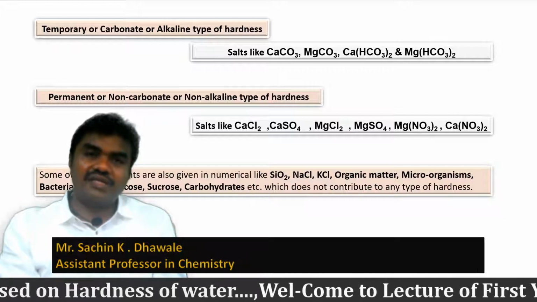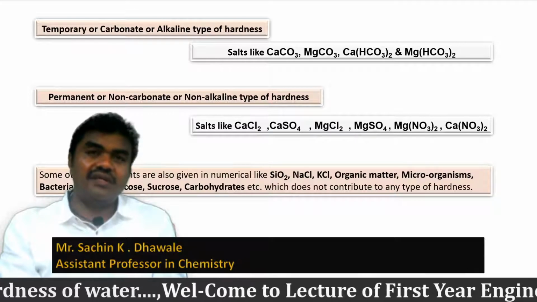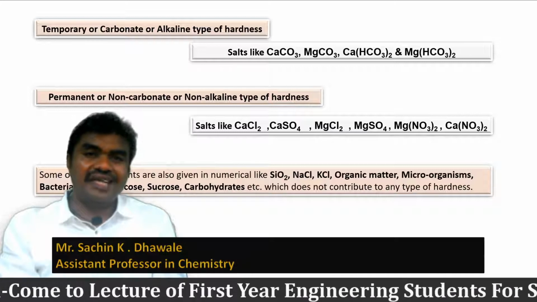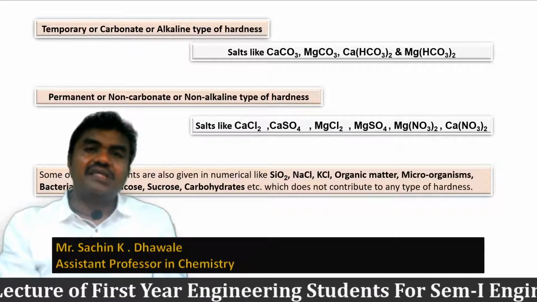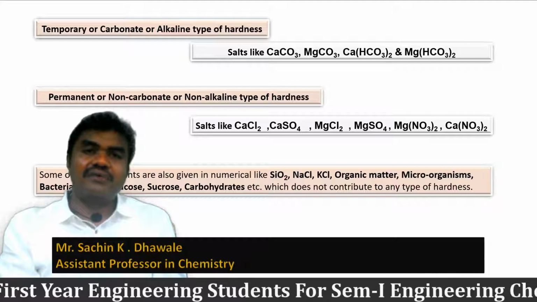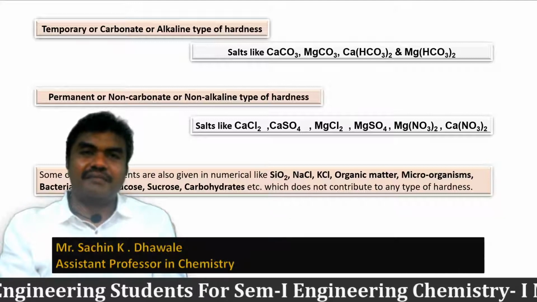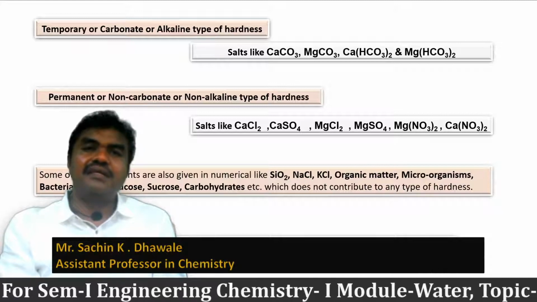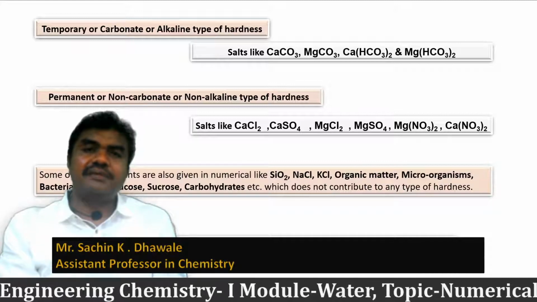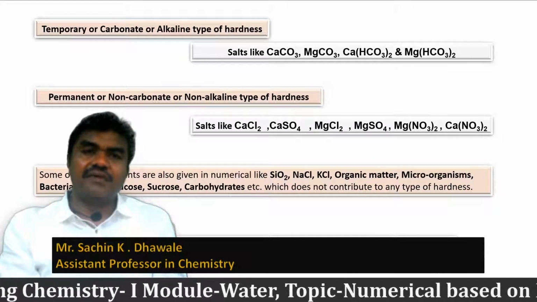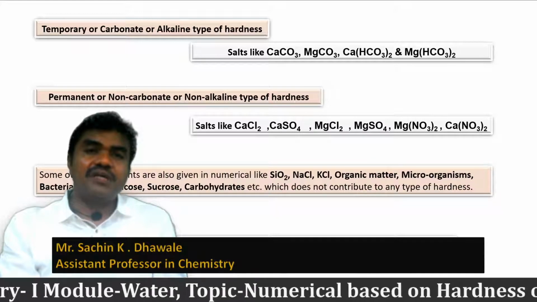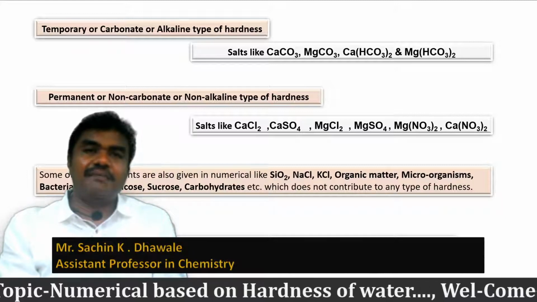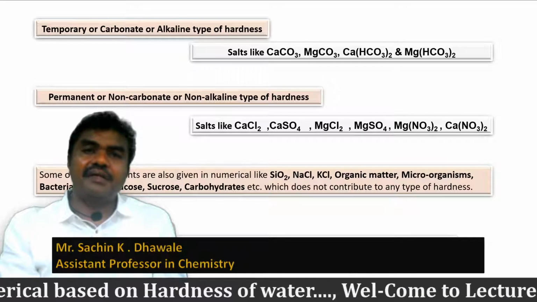If such salts are given in a numerical, we directly mention the sentence, "This salt does not contribute to any type of hardness." And next, total hardness. Total hardness is nothing but temporary hardness plus permanent hardness. So this is the important data required to calculate any type of hardness in a simple manner.